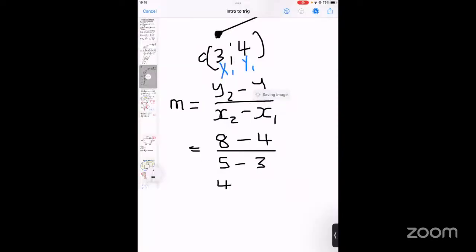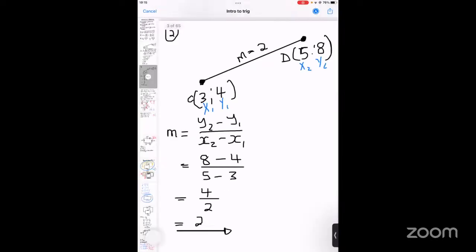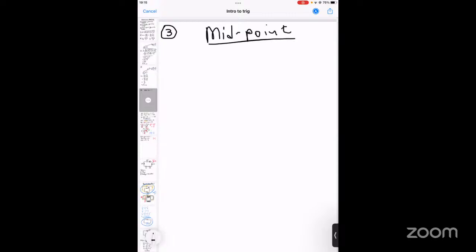Okay, so now let's see. I want us to discuss calculation related to the midpoint. Remember, the word mid simply refers to middle point. So that means the midpoint will refer to a point which is in the middle, which means there must be a line, maybe something of that nature.